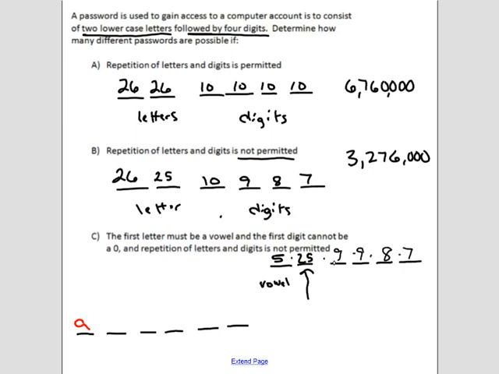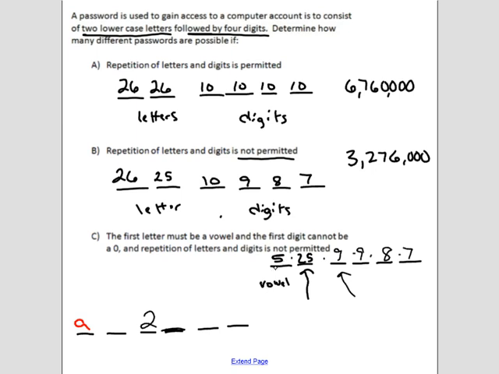You pick one of them to put there. But 0 can be a choice here. So let's say you make this one the number 2. Well, now, for this blank, you can pick any digit except 2, including 0. And that's why you get 9 choices for the second one there.